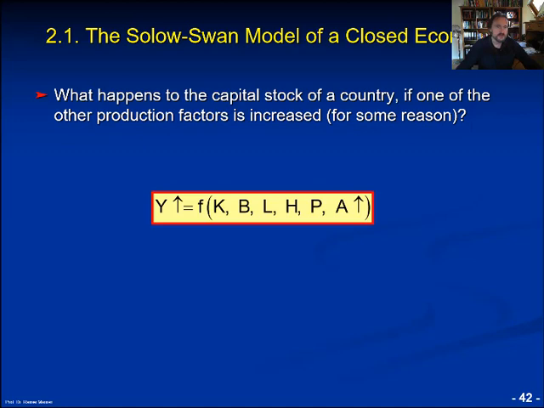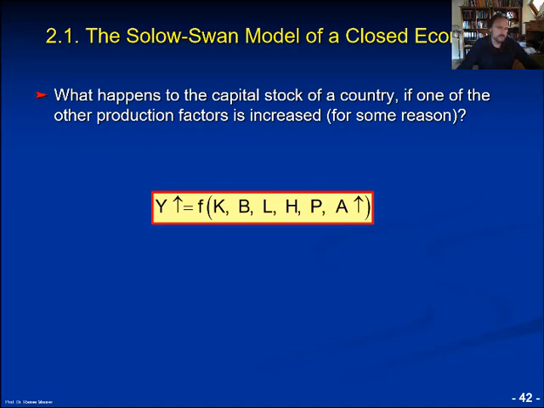Let's assume that the supply of technological knowledge, symbolized by capital letter A, grows. As explained on slide 39, technological knowledge refers to the subset of scientific knowledge which is necessary to produce goods and services.